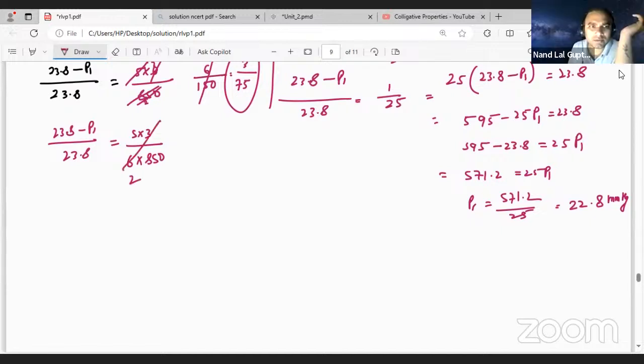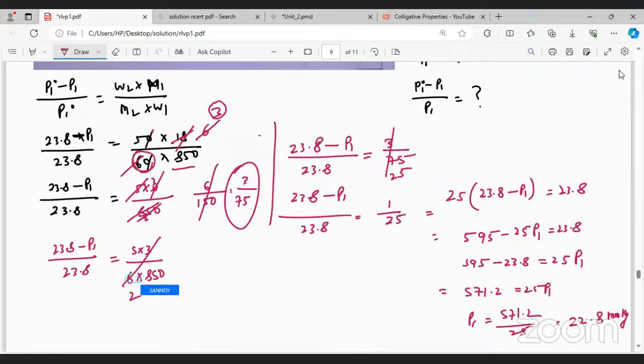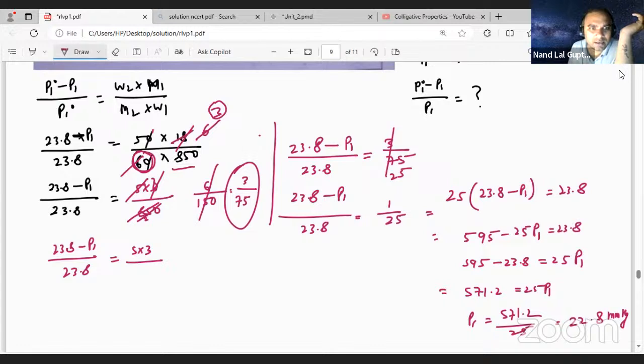No, sir, why? From where you're getting 6? This 6, where are you getting it from? This cancels, this is cancelled, no? 5 into 3, that is correct, divided by 850. This is now correct, no?